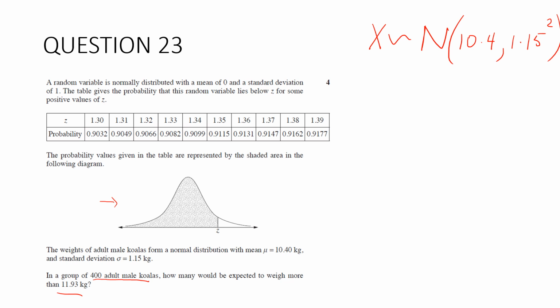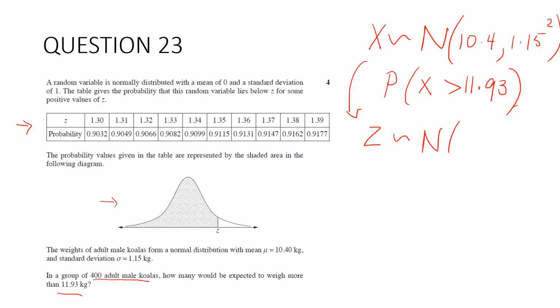So we want the probability that x is greater than 11.93. Now we've been given a table of z values, so we want to turn this into z, which is normally distributed, mean of 0, and a standard deviation and variance of 1.